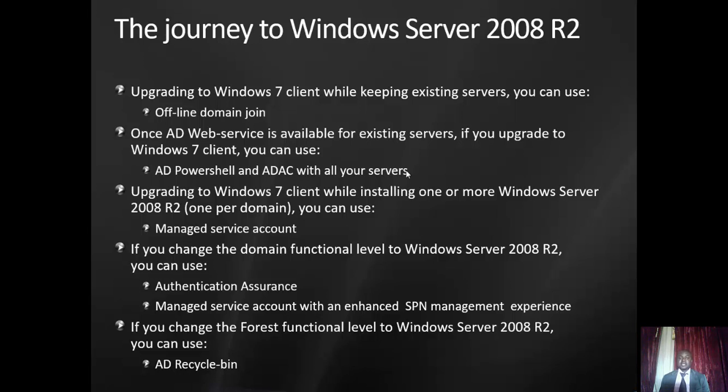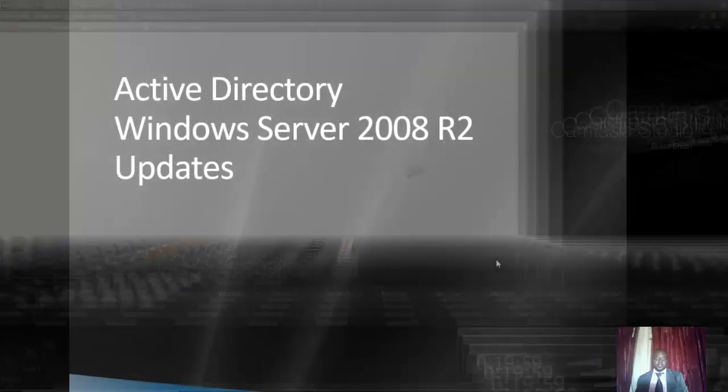Updating to Windows 7 clients while installing one or more Windows Server 2008 Release 2, let's say one per domain, you can use managed service accounts. And you can also change the domain functional level to Windows Server 2008 Release 2.